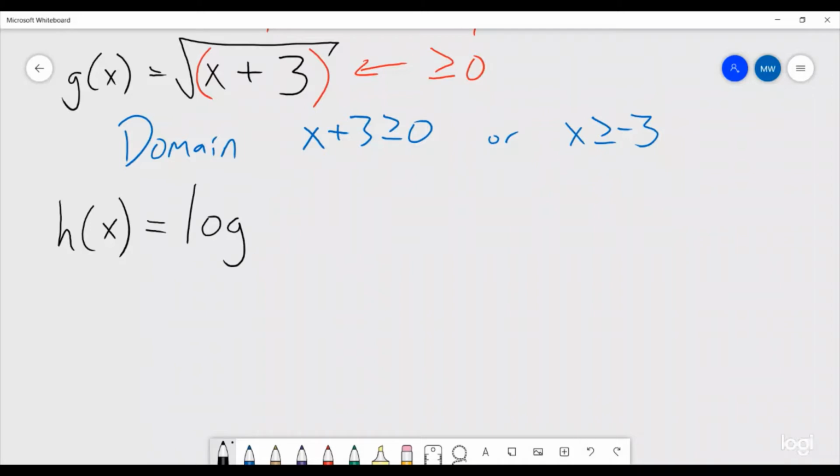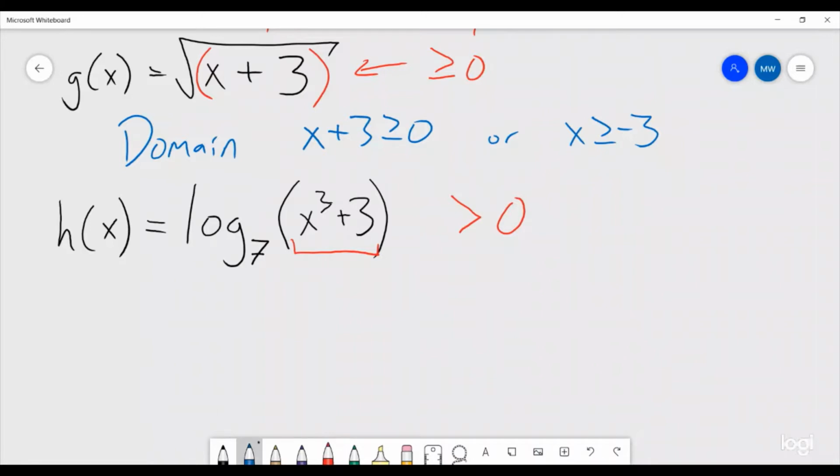So let's say that we are doing log base 7 of x cubed plus 3. So the rule for a logarithm is that this inside piece has to be strictly greater than 0. It can't be 0 and it can't be negative.